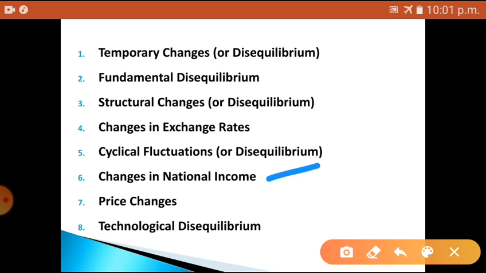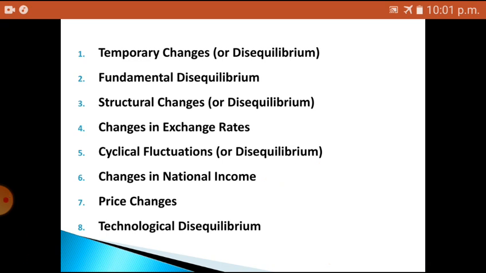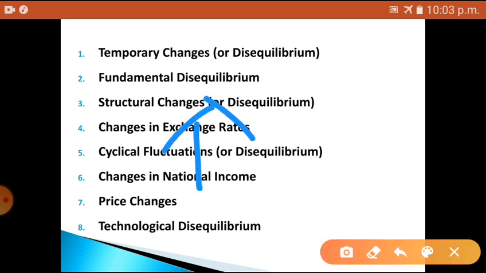If the national income of the country increases, it will lead to an increase in imports, thereby automatically creating a deficit in its balance of payments, other things remaining the same.